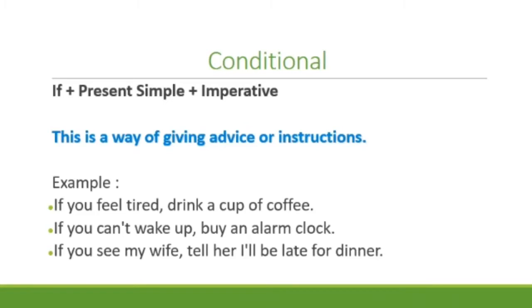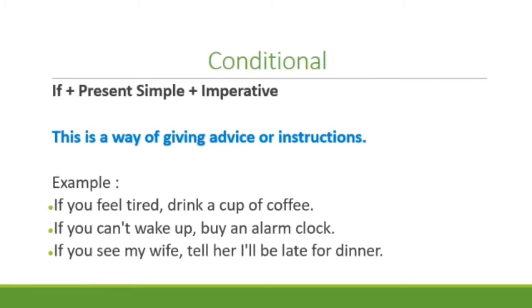In the first conditional, we can also use the imperative. The form is if plus simple present plus imperative. In the if clause, we use the present simple, and in the main clause, we use the imperative. When do we use it? This is a way of giving advice or instructions.